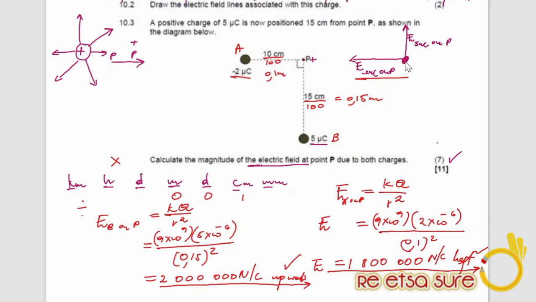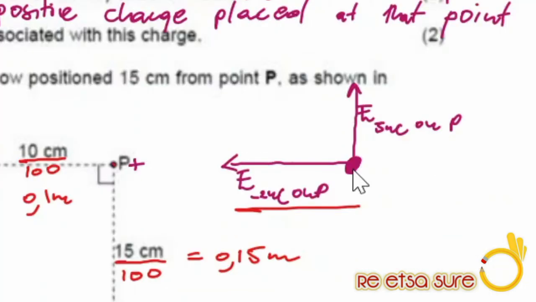We would add the electric fields if they were acting in the same direction, or subtract them if they were in different directions but on the same line. But as you can see here, the one is moving up and the other is moving to the left. So it shows that our E lies between the two.